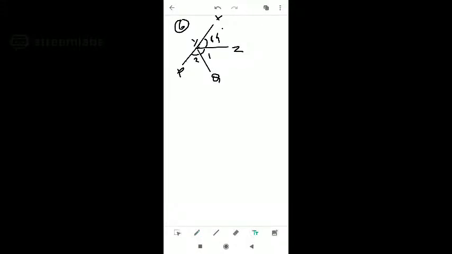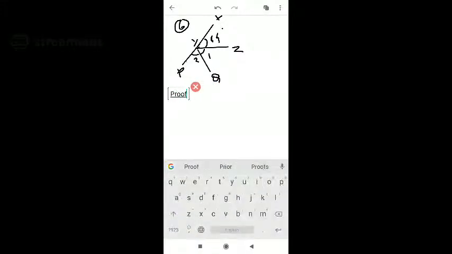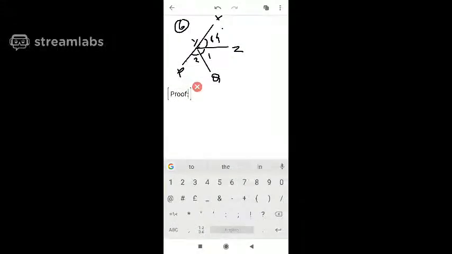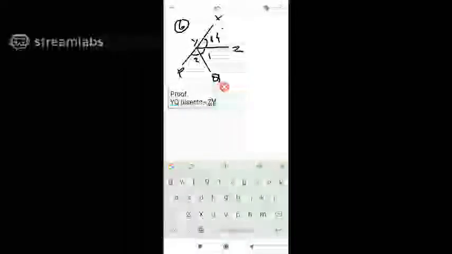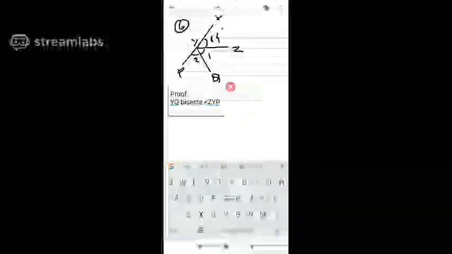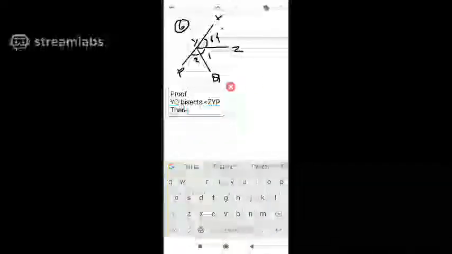So now I'm going to do the proof. In the proof we will write: YQ bisects angle ZYP. Therefore, since YQ bisects, angle 1 is equal to angle 2.